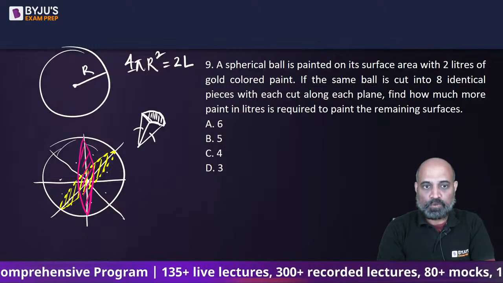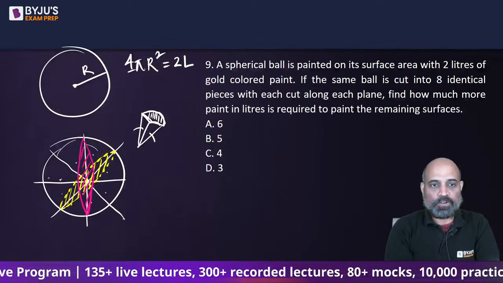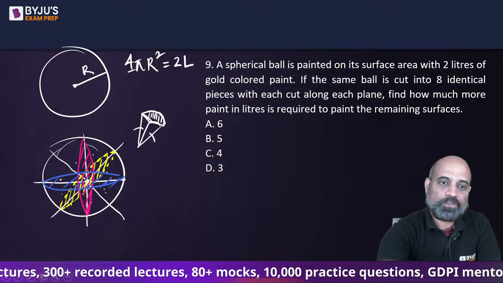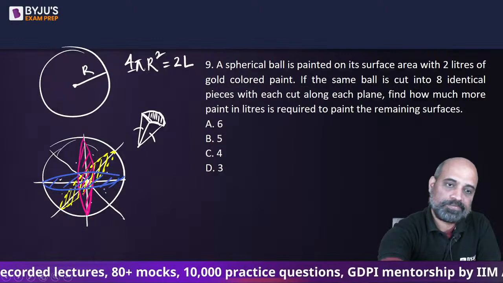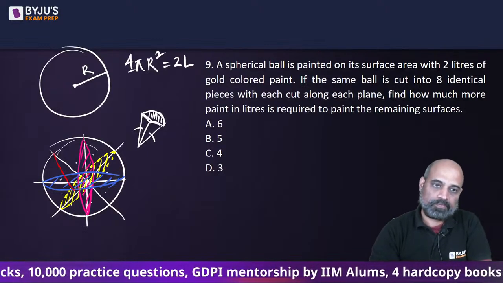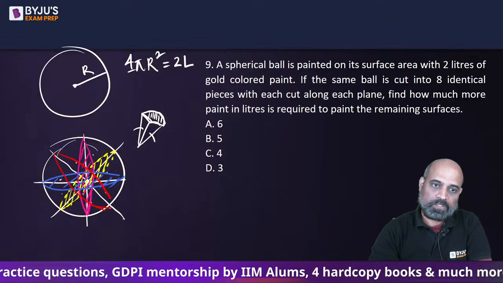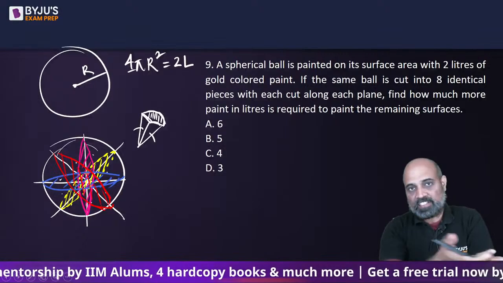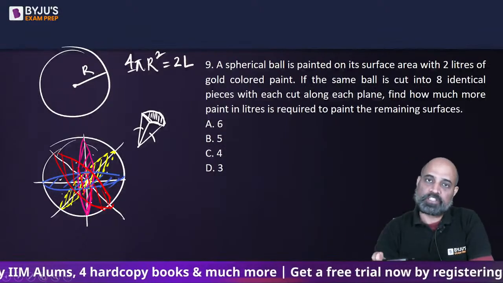So we have 2 circles like this. Then we are going to have a third circle, and then a fourth circle. Right? So every time you cut it along the center, it will generate 4 circles.